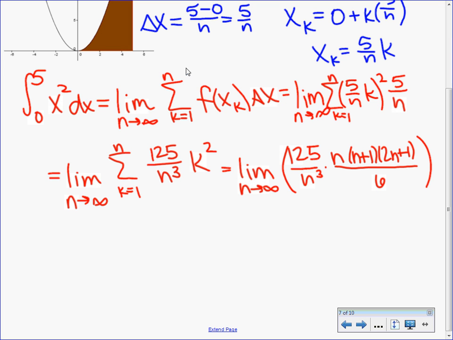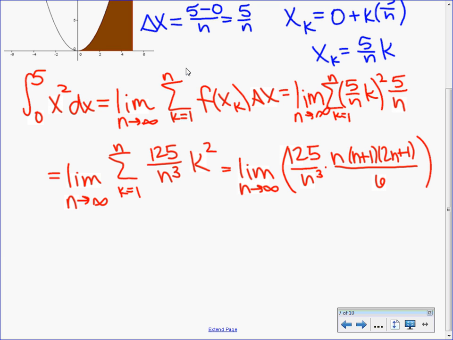This is function notation, because f of x equals x squared. If you want to write it as x sub k squared, or x sub k squared plus 5, or whatever the function is, that's fine, if that helps you.